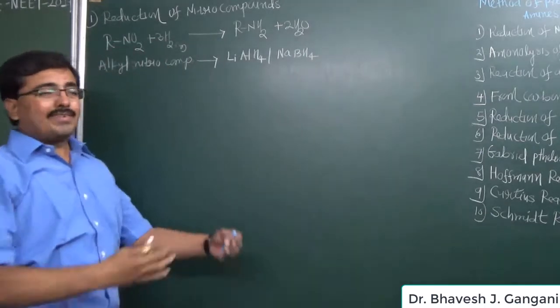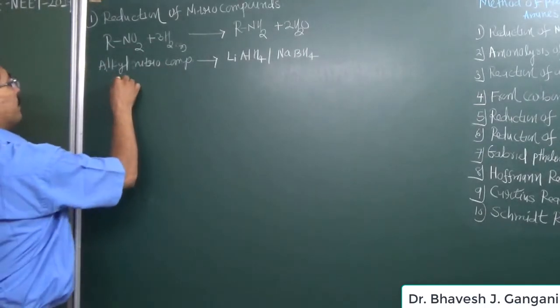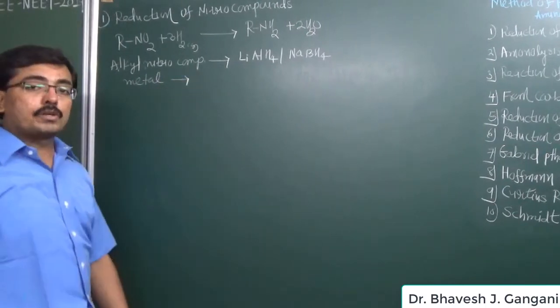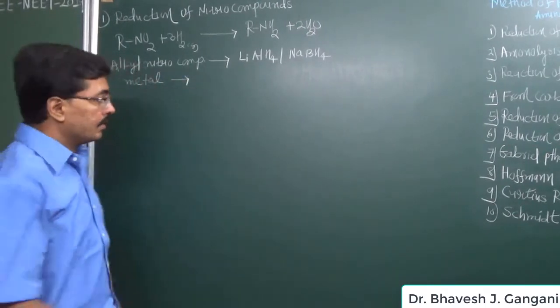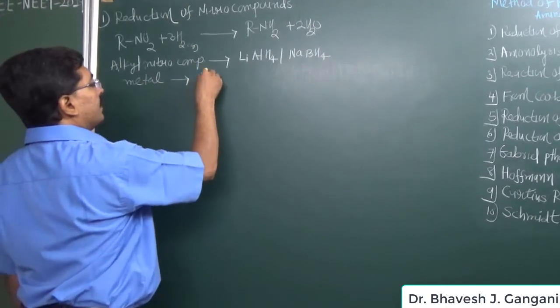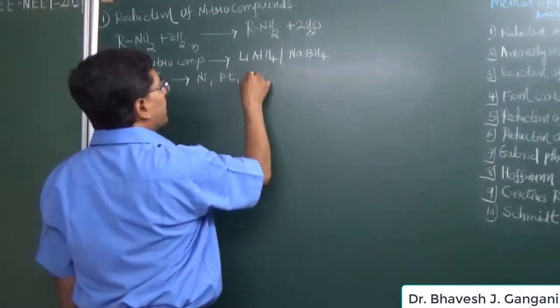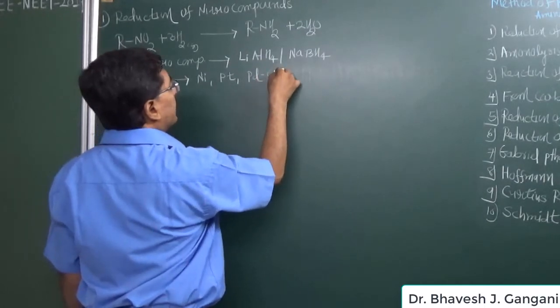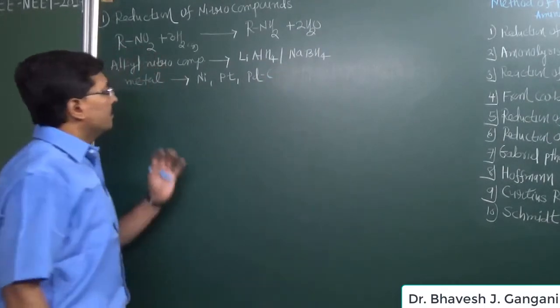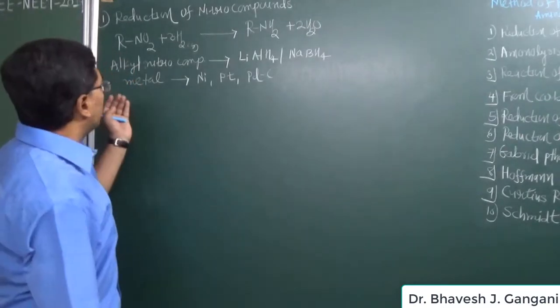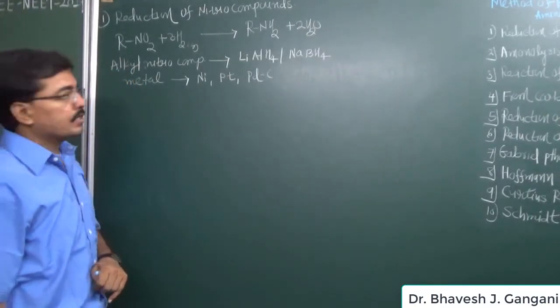Nowadays different types of metal can also be used as a reducing agent, but the temperature required for the reduction process will be high. For example, we can use nickel, sometimes a combination of platinum metal, then palladium with charcoal. These different types of metal can be used for reduction purposes.